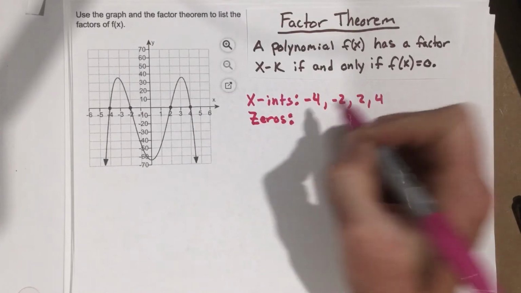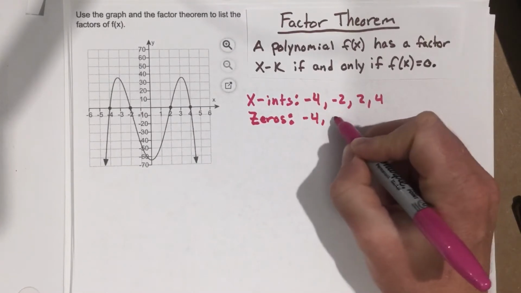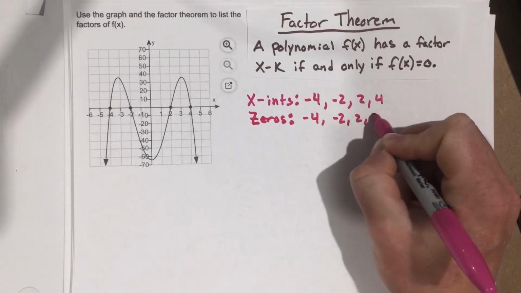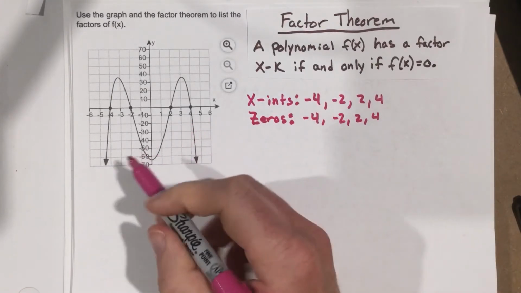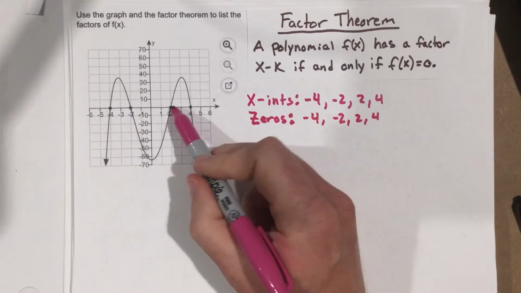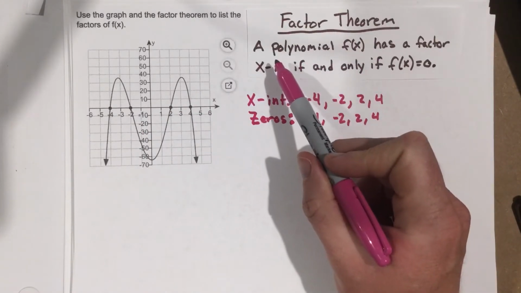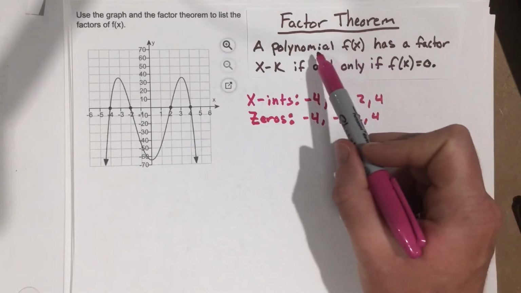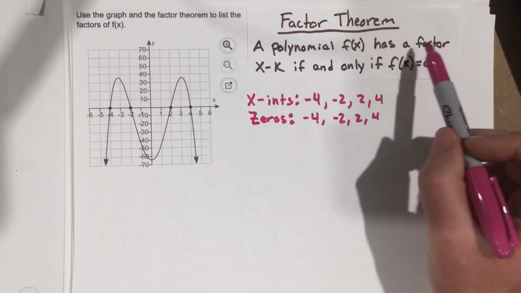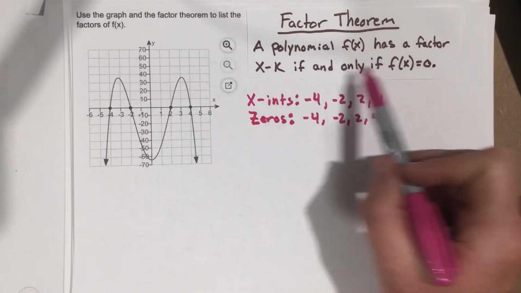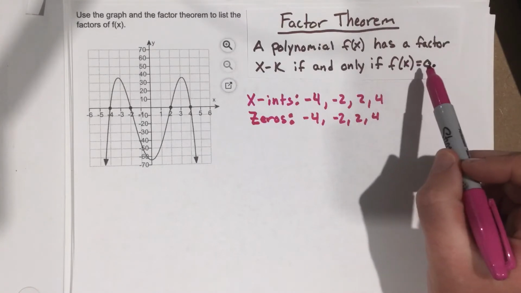Why do we refer to them as zeros? We refer to them as zeros because these are the numbers that make the function equal to 0. And the factor theorem says, in order for a polynomial to have a factor x minus k, your input needs to make it a 0.